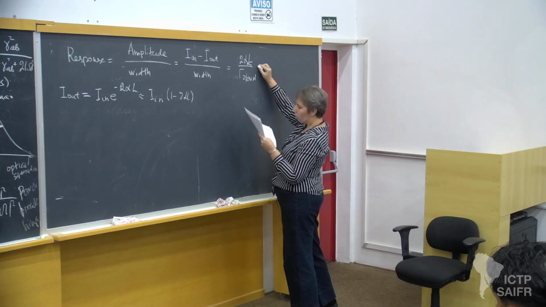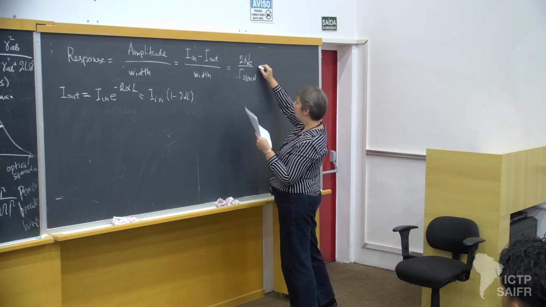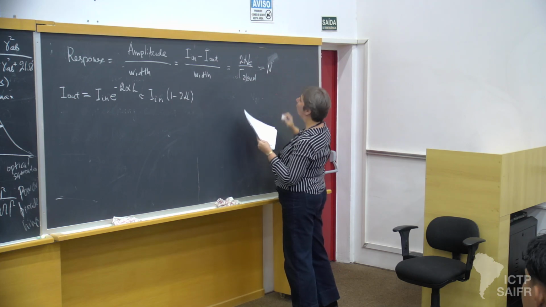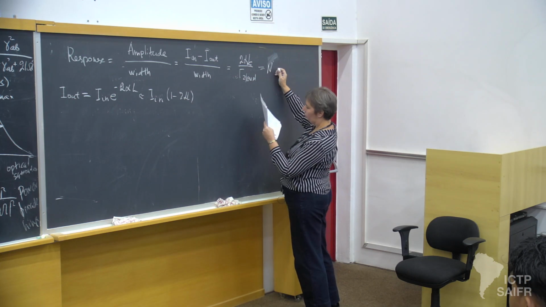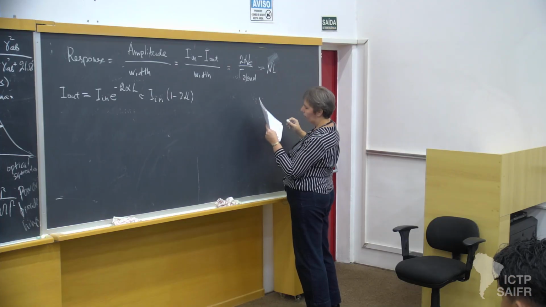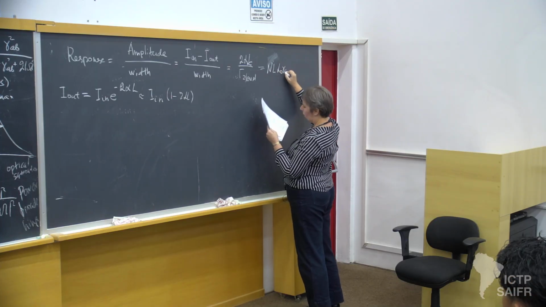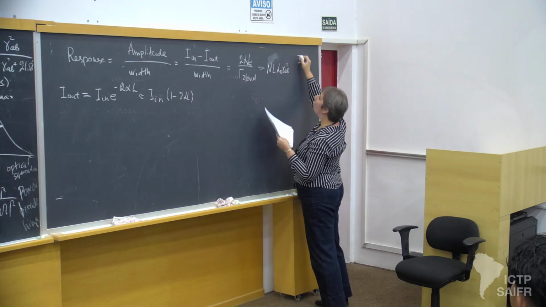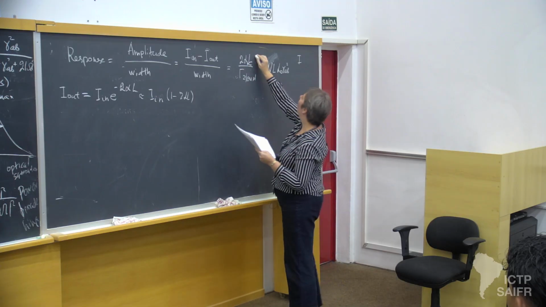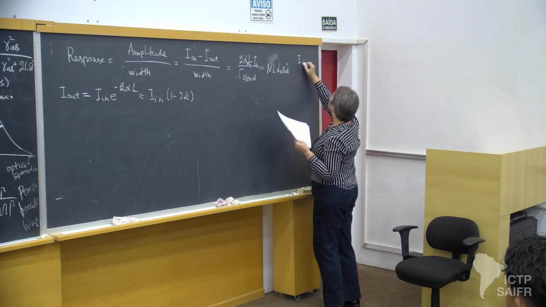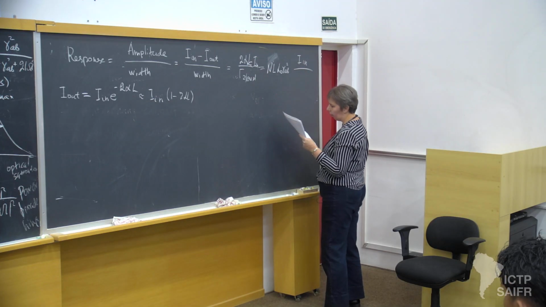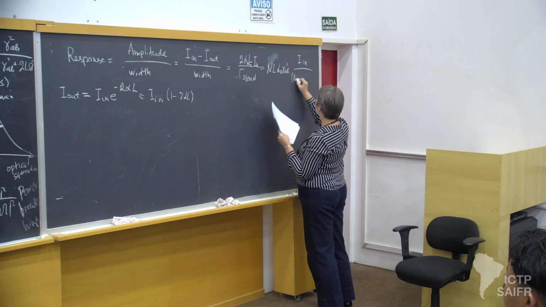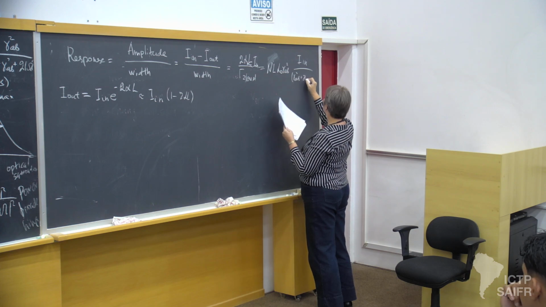So our response is going to be basically N. I'm going to keep everything which is not operational parameters of the system: N L alpha naught gamma_AB squared times the input intensity, divided by, from the widths and the amplitude, gamma_AB squared plus 2 omega squared.